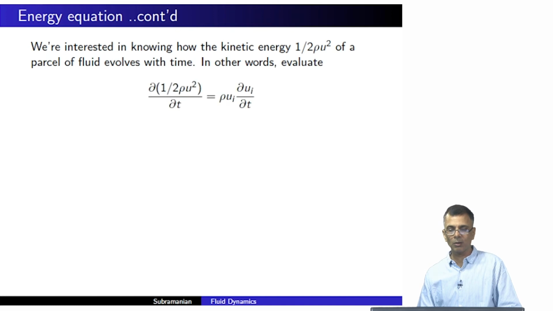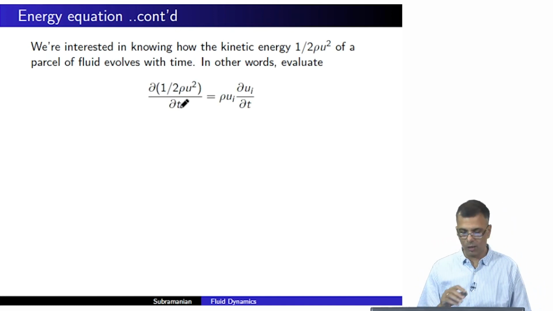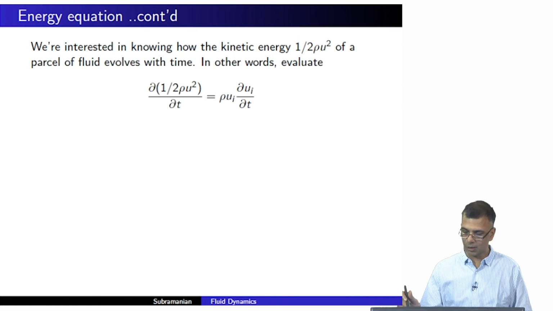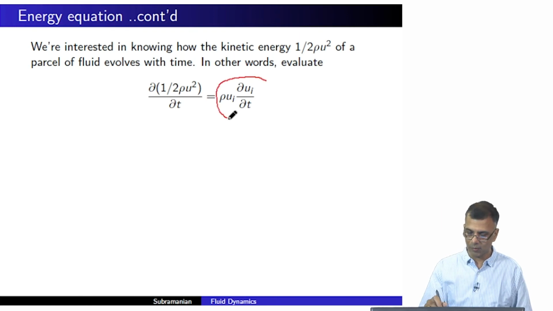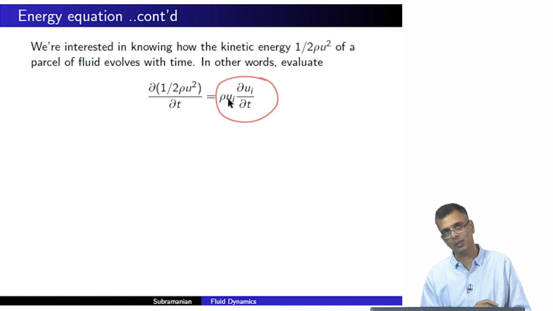Okay, so in other words, what we want to evaluate is this quantity, d over dt in the lab frame, as seen by an Eulerian observer, of this quantity half rho u squared. Another way of writing this is this. Okay, this is easy enough to see. You see, d over dt of u squared is 2 u du/dt, and that's essentially what this is.